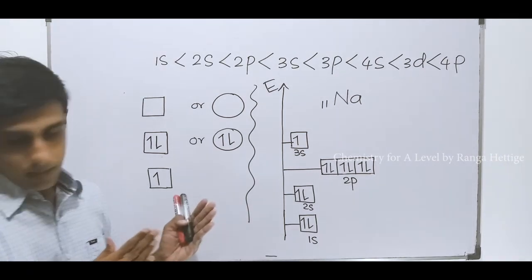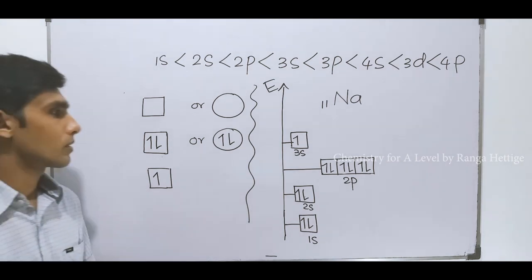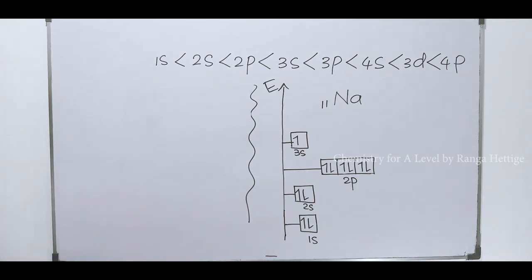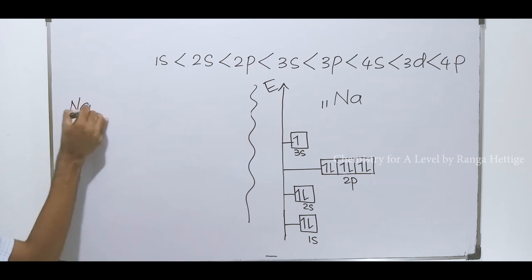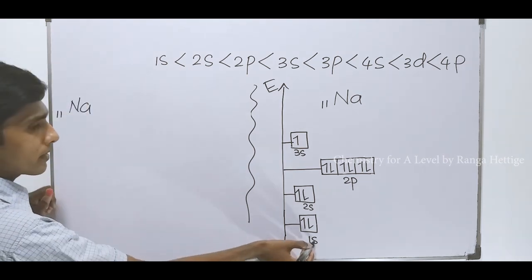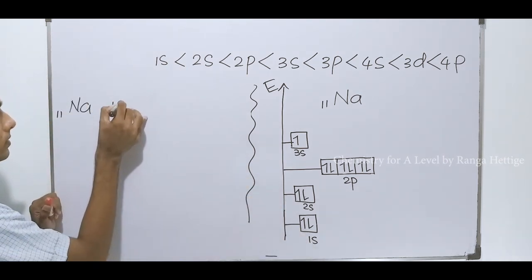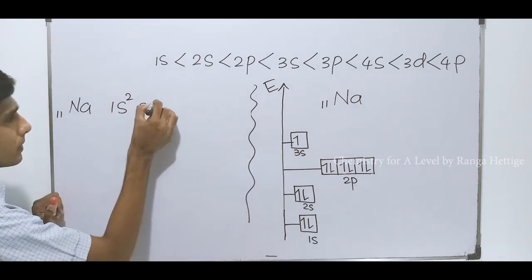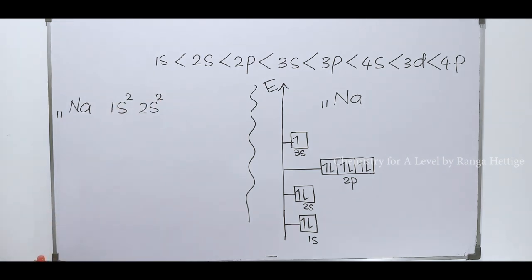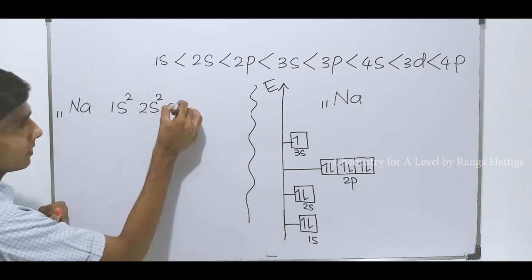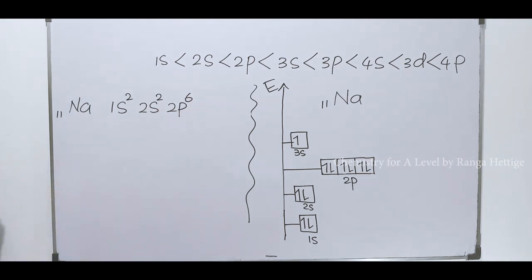When we write the electronic structure or electron arrangement of an atom, we write like this. In this sodium atom, for example, you can see the first main energy level, s sublevel, 2 electrons, 1s2. Second main energy level, s sublevel, 2 electrons, 2s2. Second main energy level, p sublevel, 6 electrons, 2p6.